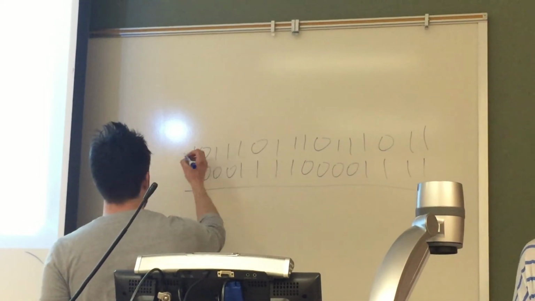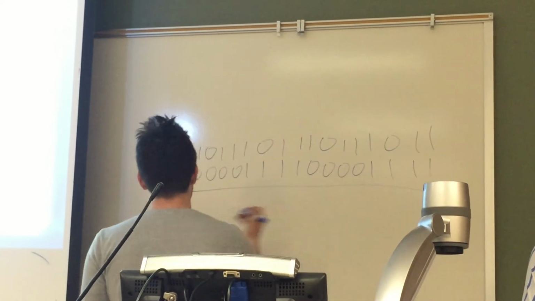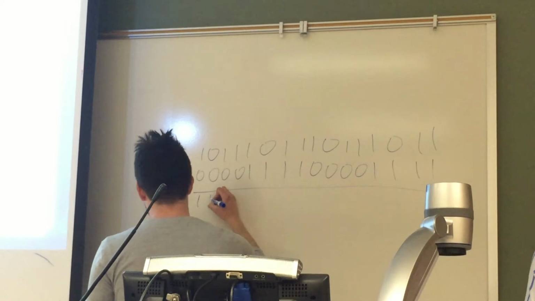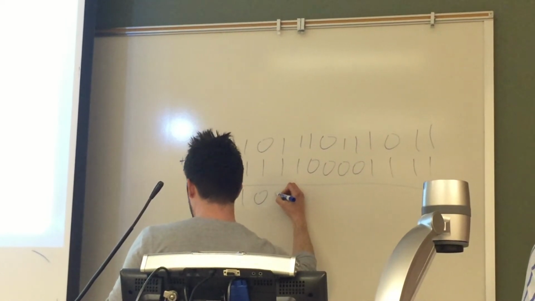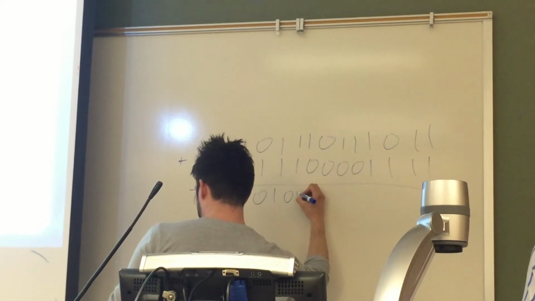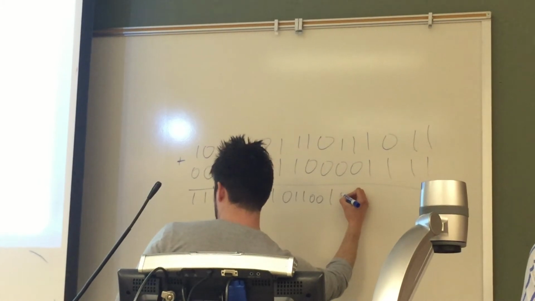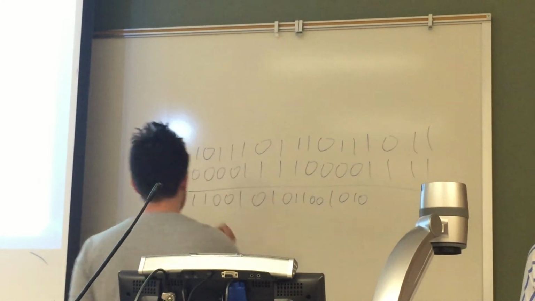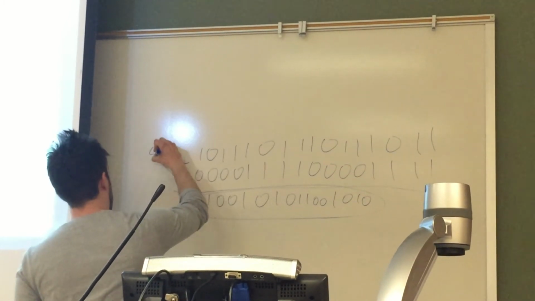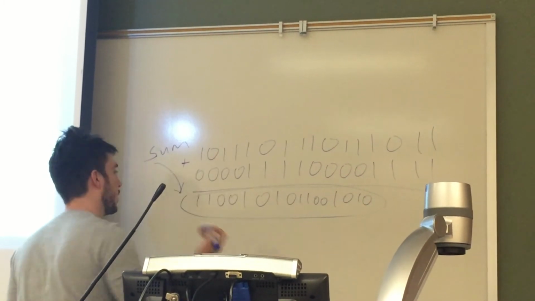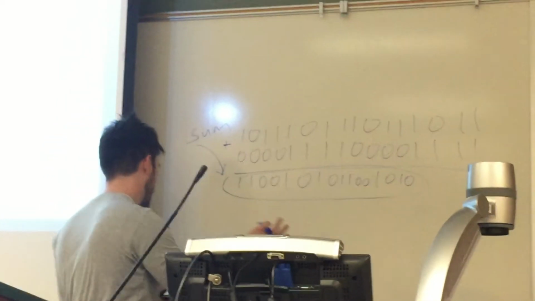So what it first does is it adds up all the data, basically. And if you added all these up, you would get 1, 1, 0, 0, 1. Okay, so this is the sum of all of your data. Say you're transmitting a text file or something, and it adds up all the words together, you get that.